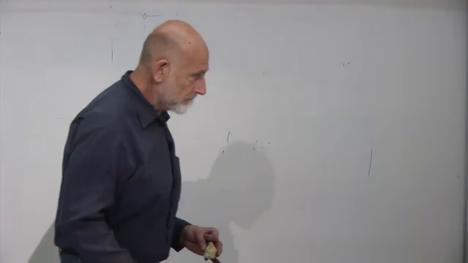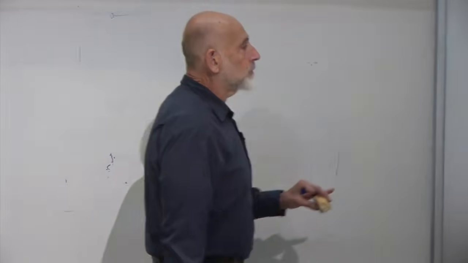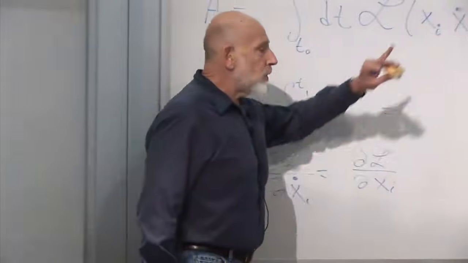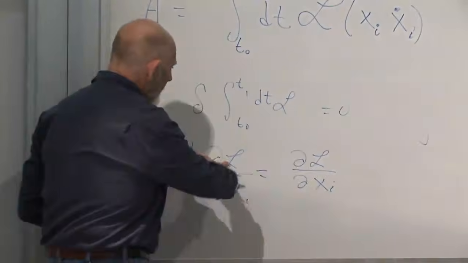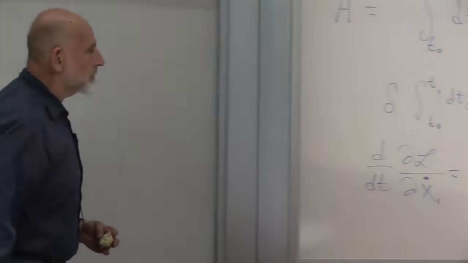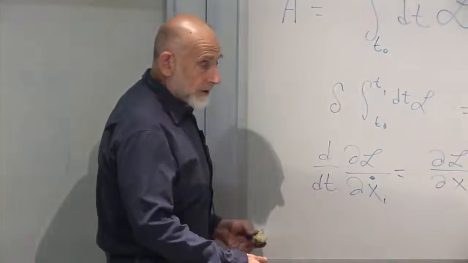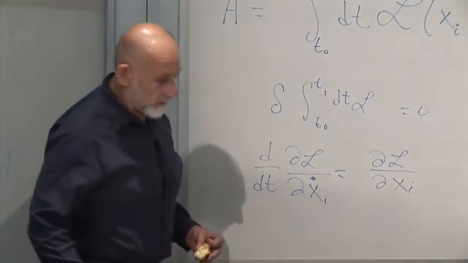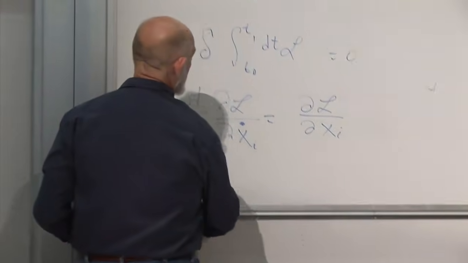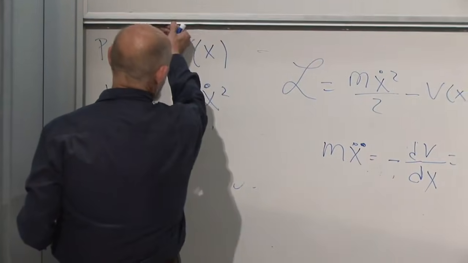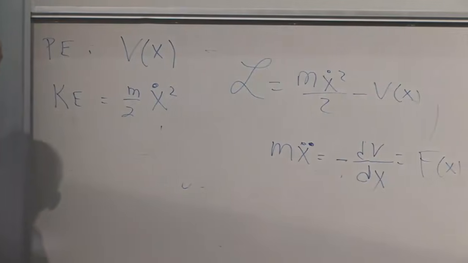You have a Lagrangian which depends on all of the coordinates and all the velocities, and the Euler-Lagrange equations are simply one equation for each coordinate. All right, so let's go through what the construction is then for many particles. If you have many particles, you do exactly the same thing.